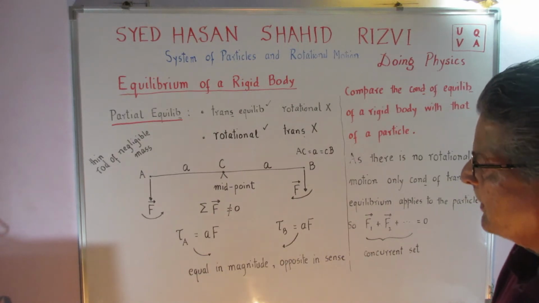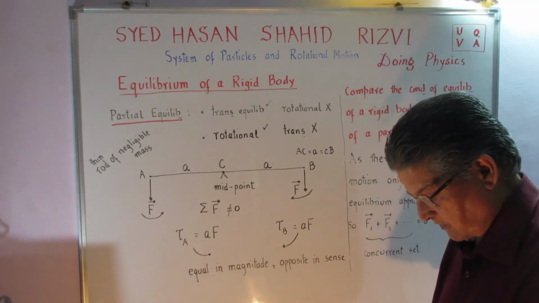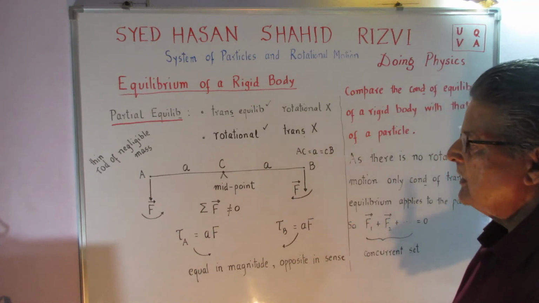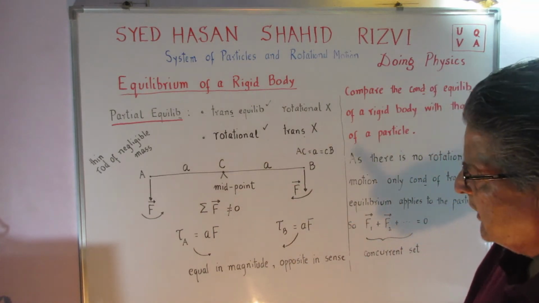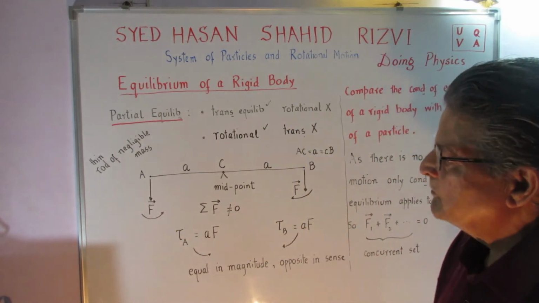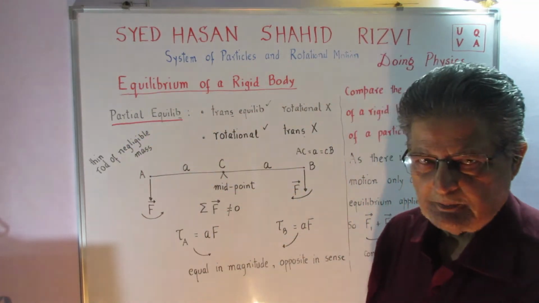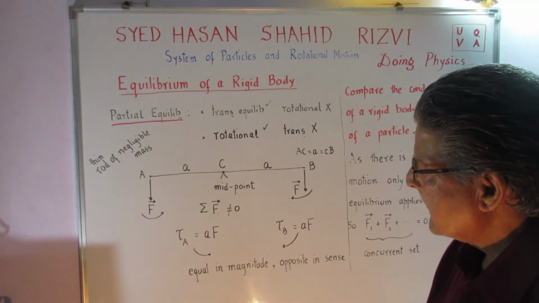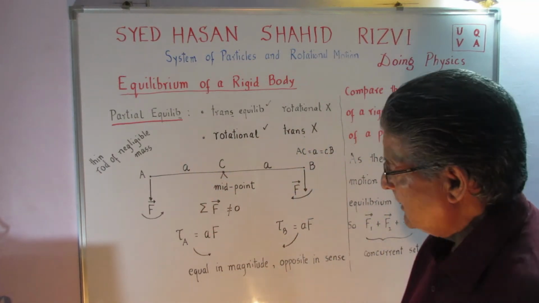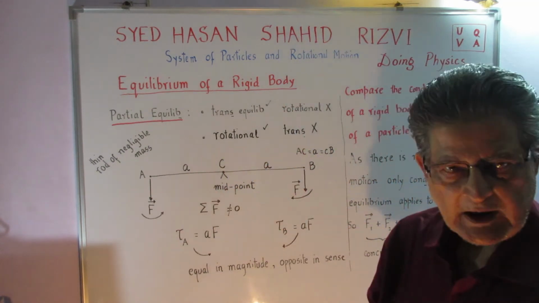So I just take a thought experiment, or say even that can be conducted as an experiment, where I have a sturdy, thin rod AB of negligible mass. The rod is straight, it's not flexible. The length of the rod AB is equal to a plus a, that is 2a.